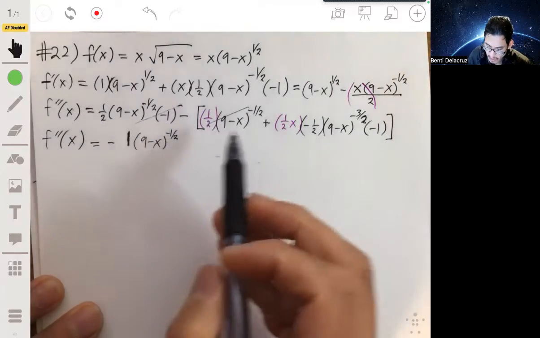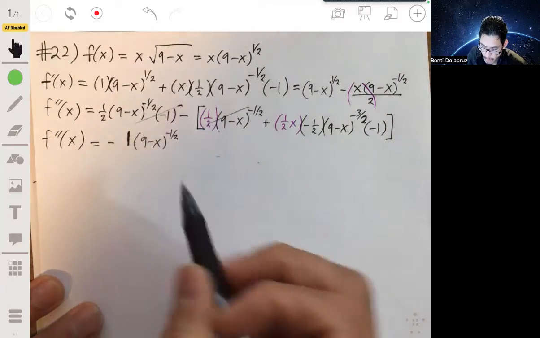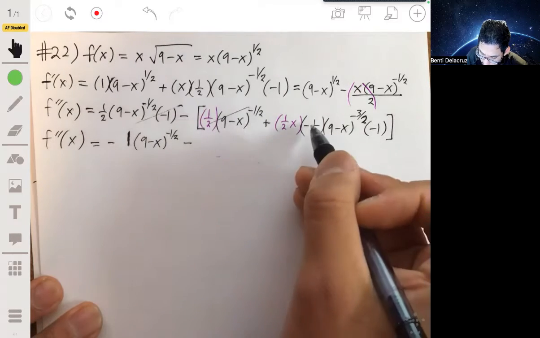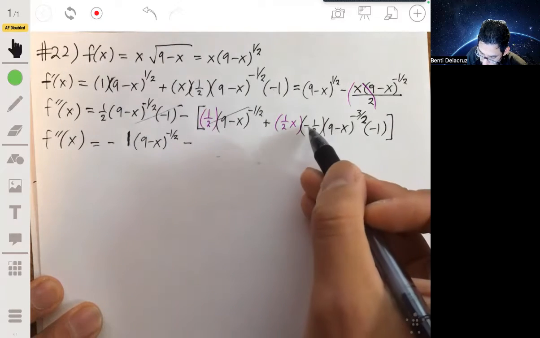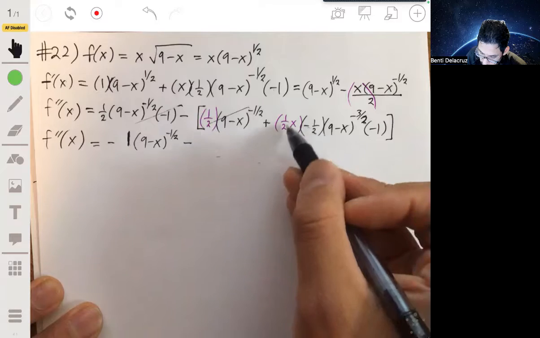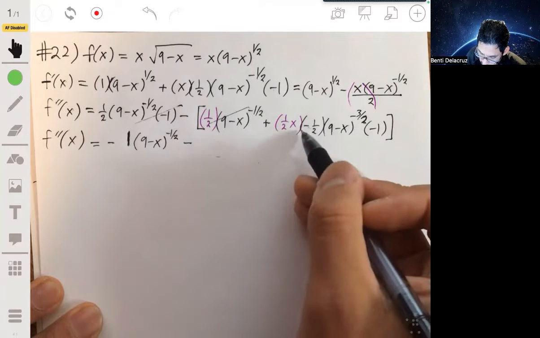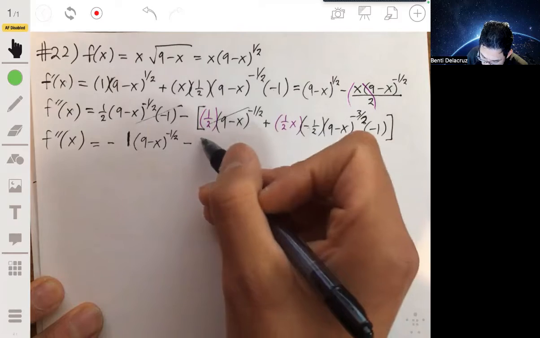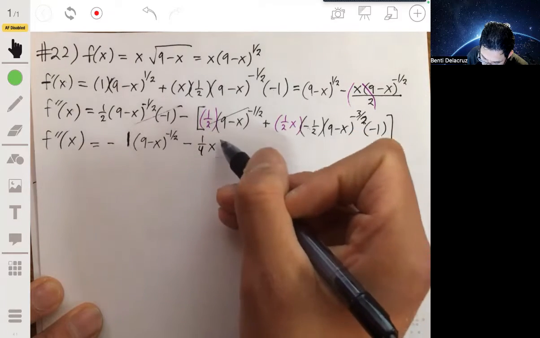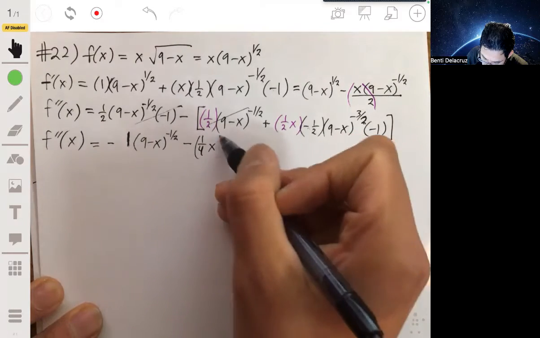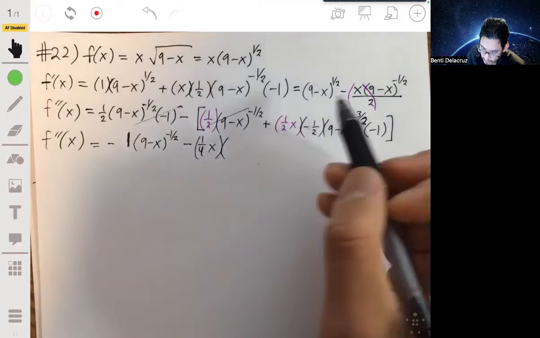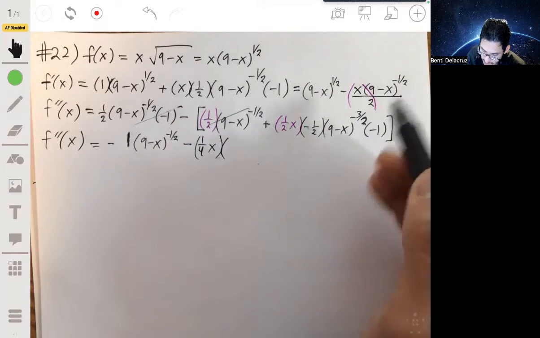Those two combine there. Then the minus and the minus become a plus, and the minus, so it makes it a minus again. So minus a 1/2 x times a 1/2, so minus a 1/4 x times (9 minus x) to the negative 3/2.